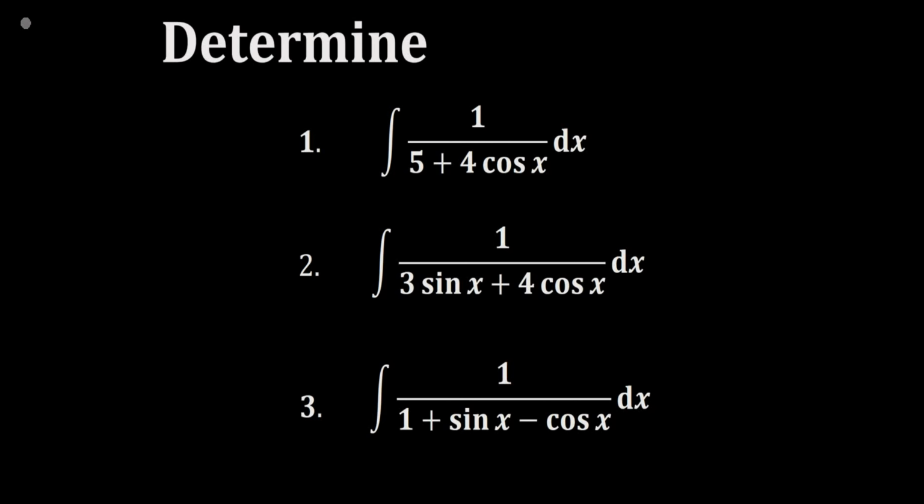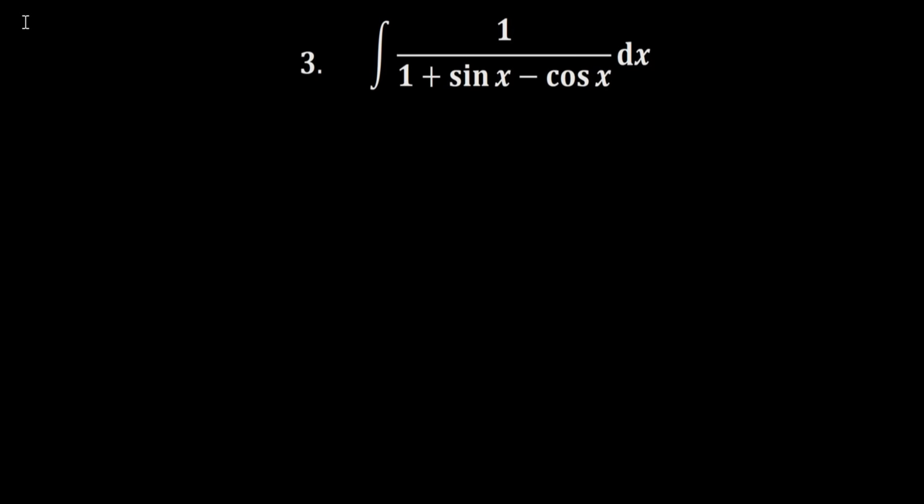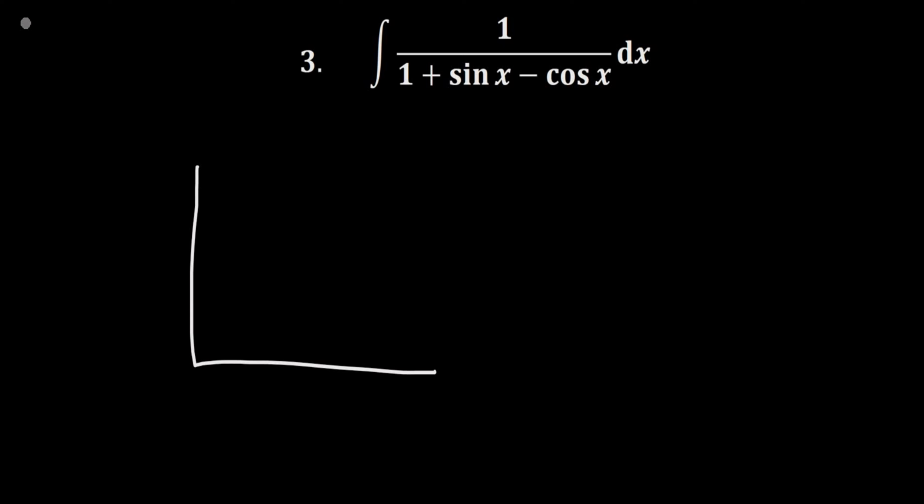To solve this problem, first we need to establish the foundation upon which they are solved. So we can do that by simply drawing a right triangle, and let this be x over 2.